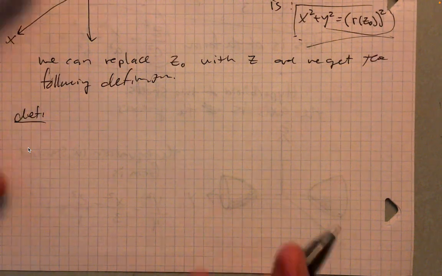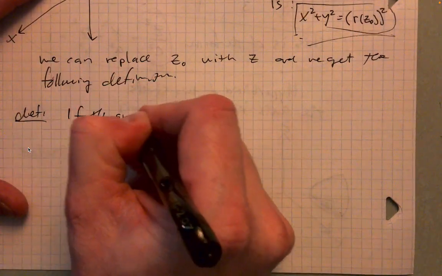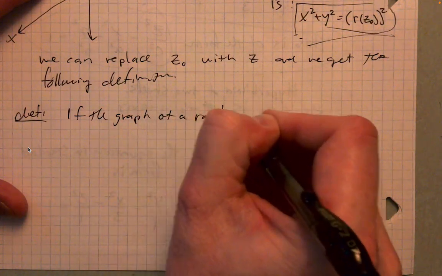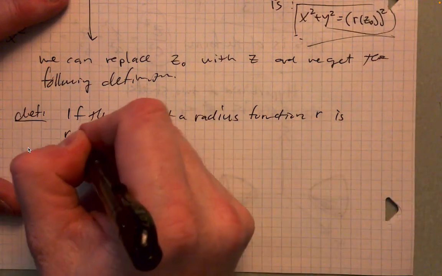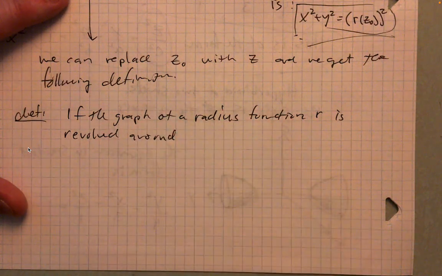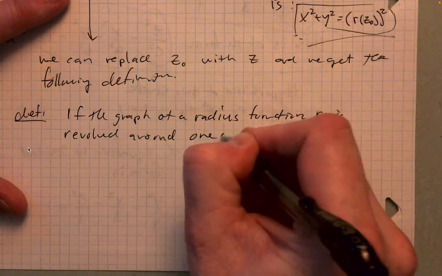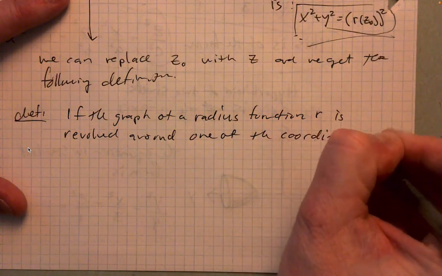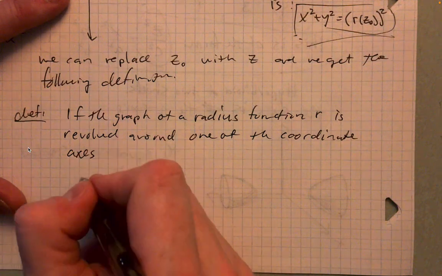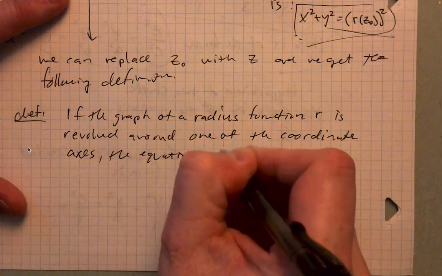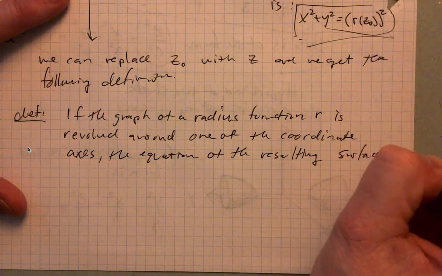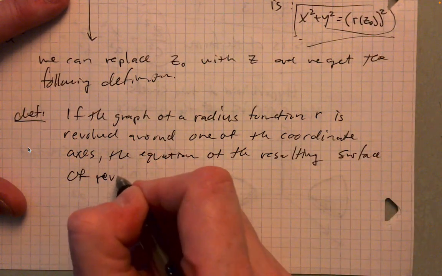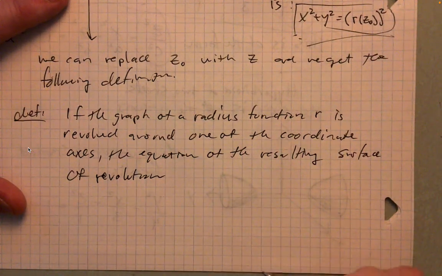If the graph of a radius function, the function is called r, is revolved around one of the coordinate axes, the resulting surface of revolution has one of the following forms.